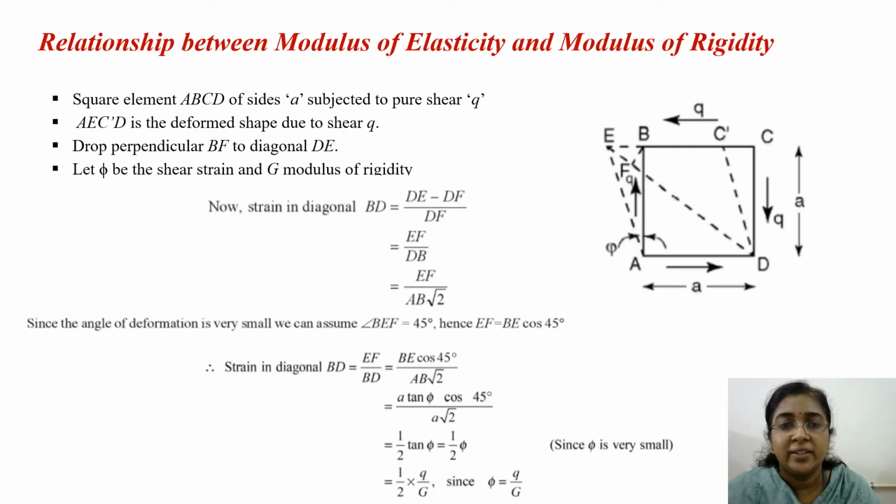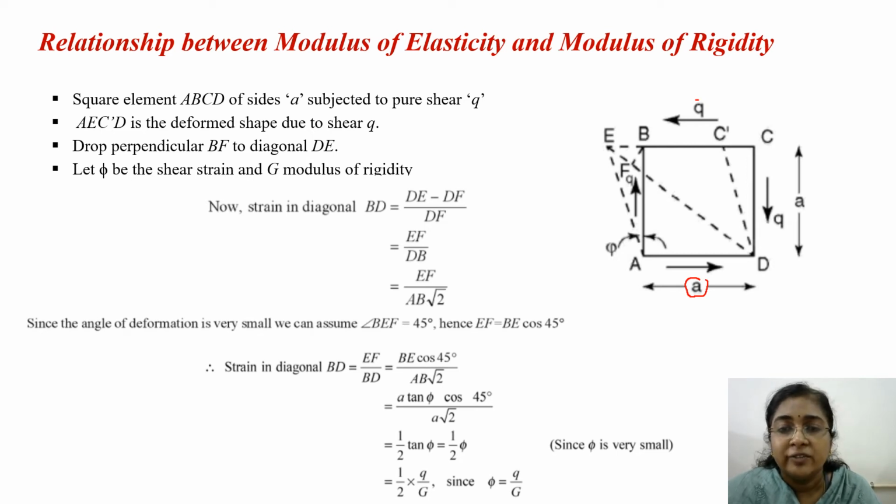Next we can derive the relationship between modulus of elasticity and modulus of rigidity. When the term modulus of rigidity comes, you should think about the shear stress, shear strain, all these things. So we are considering a square element of side A and it is subjected to pure shear Q. One set of shear will be accompanied by another set of shear of same intensity in the case of pure shear.